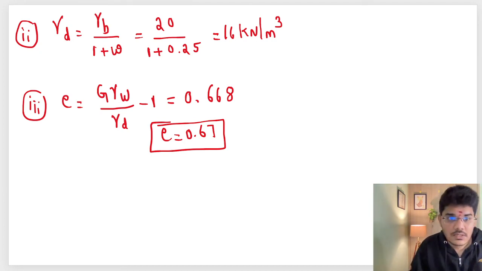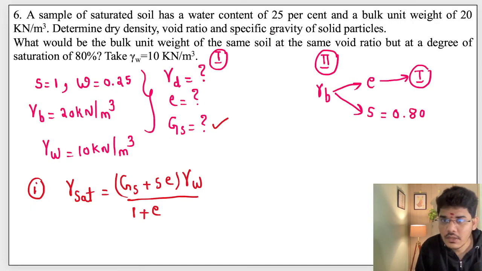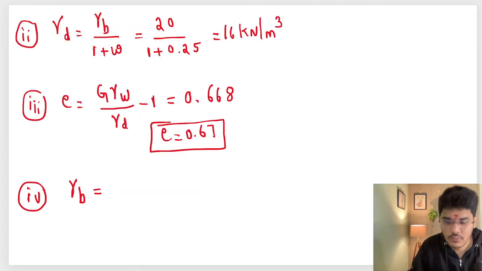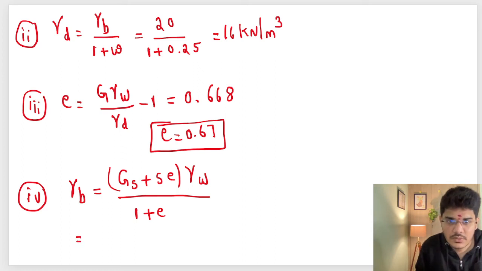Now what has been asked in the question in the second part? Calculate bulk unit weight at the same void ratio. That means 0.67 only we can take, but at a degree of saturation of 0.80. Only the degree of saturation we can change. So what is this formula? Gamma b is equal to (Gs plus Se) into gamma w divided by 1 plus e. We know all the contents, we just need to substitute.